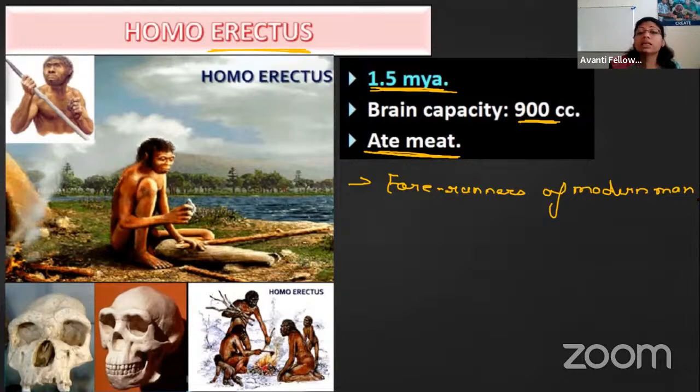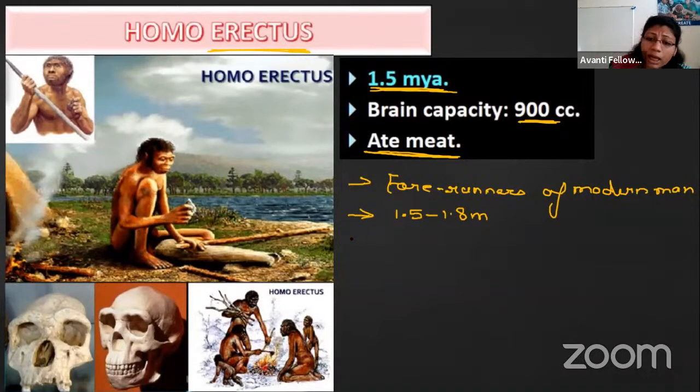That is why we call them the forerunners of modern humans. Their body height ranged from 1.5 to 1.8 meters. Don't go for feet, it is meter height.